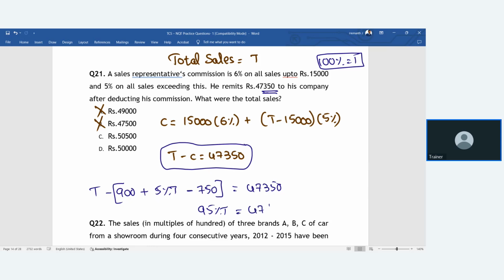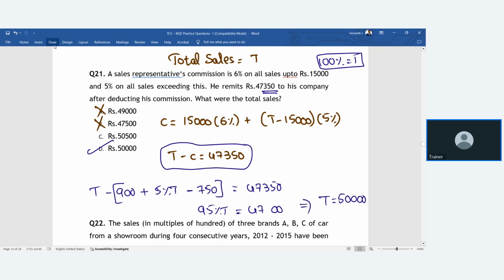So 47,600 divided by 0.95 gives me 50,105. No, 150 only, right? This is 47,500 then. 47,500 divided by 0.95 is exactly 50,000. Here the difference is 150, between 900 and 750.